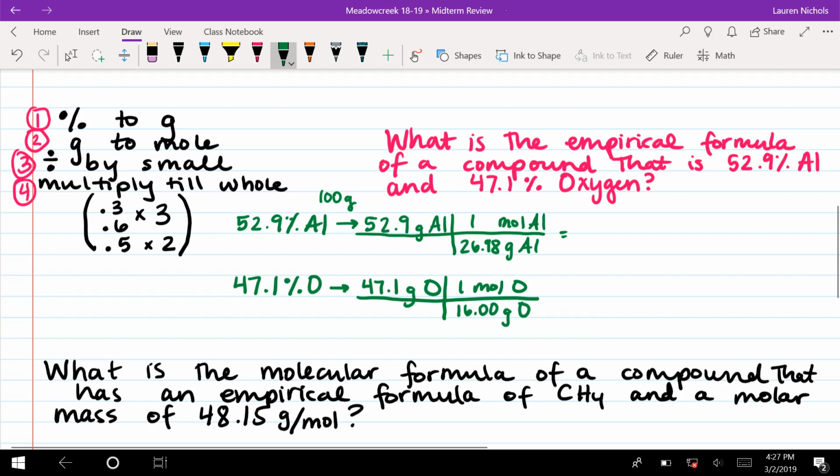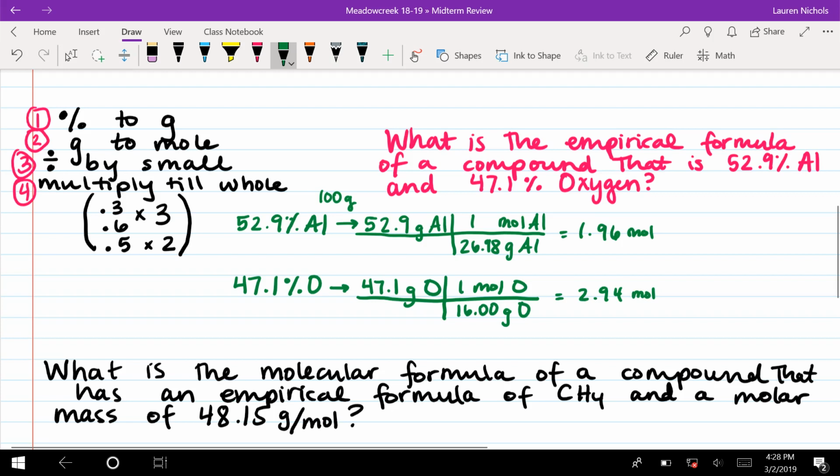When we do this, 52.9 divided by 26.98 gives us 1.96 moles, and 47.1 divided by 16.00 gives us 2.94 moles.